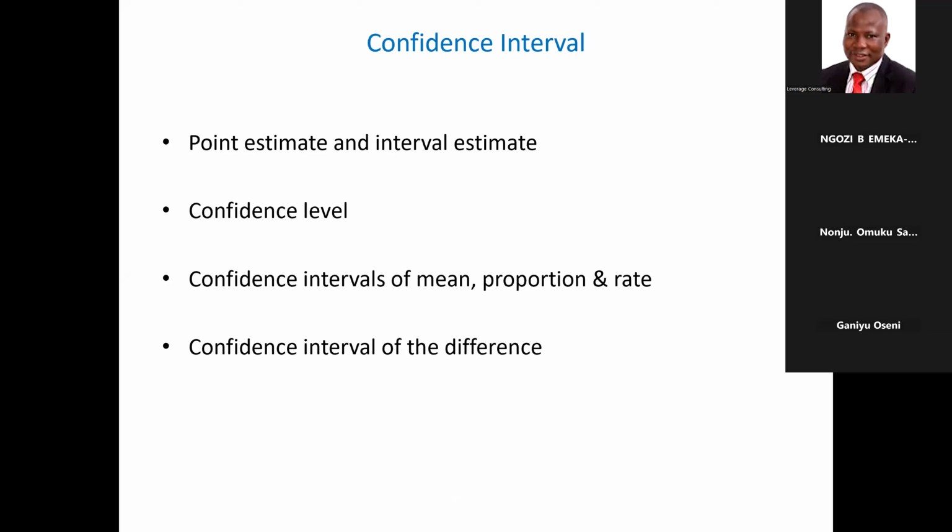For us to start discussing confidence interval, it's good to understand some things like a point estimate and interval estimate, confidence level. Then we now continue our discussion. What do you understand by estimate, point estimate, and interval estimate?